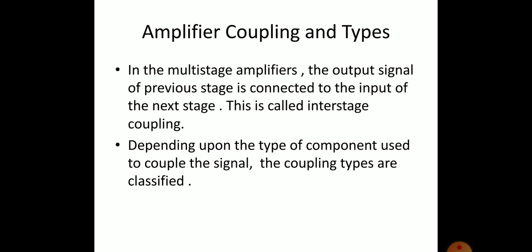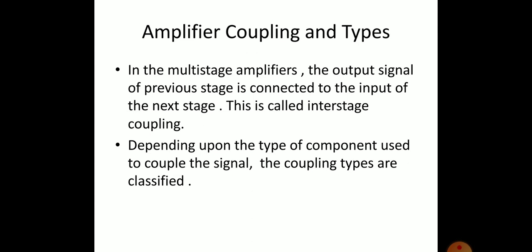Now amplifier coupling and its types. We have some concept called coupling. What is coupling? It is basically connecting one stage's output to the next stage. We will study in detail. In the multi-stage amplifiers, the output signal of the previous stage is connected to the input signal of the next stage.